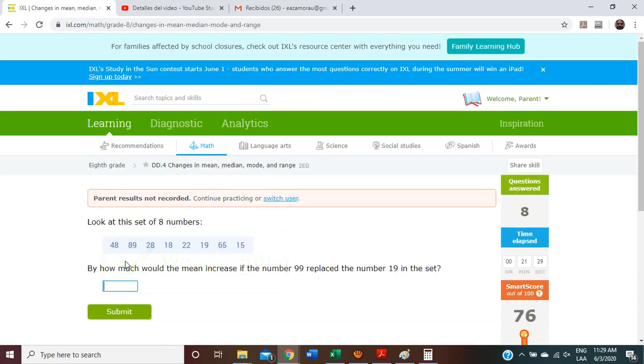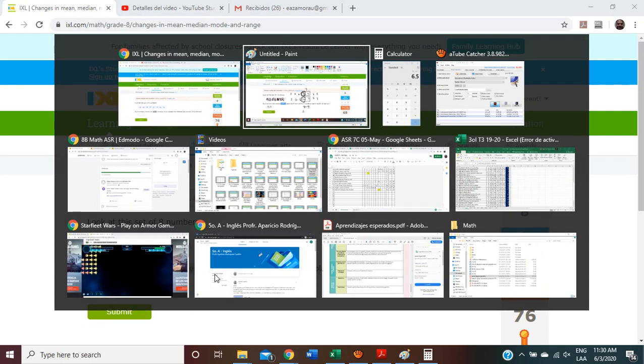Okay, look at this set of 8 numbers. Mean, again average, it is going to increase if the number 99 replaces the number 19. So with this problem, we know that it is going to increase, but we don't know by how much. So we need to do the operation.